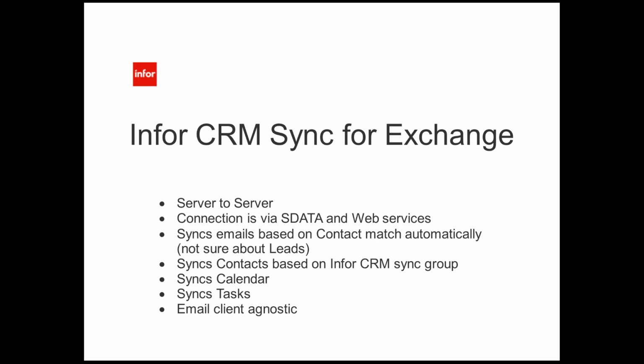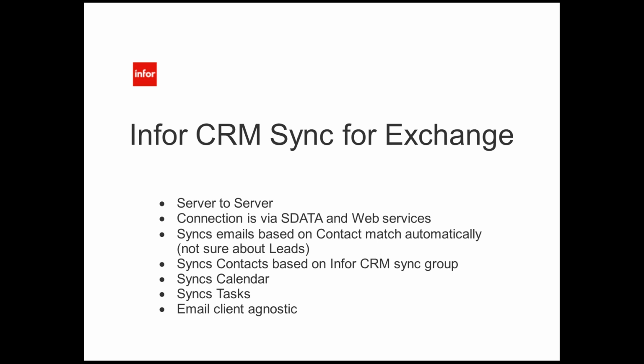And it syncs contacts based on your Infor CRM Sync group. Those of you that are using the desktop integration Outlook Sync today, you know to get contacts to sync, you have to create an ad hoc group, and you tell Infor CRM which ad hoc group you want to synchronize with your Outlook contacts or Exchange contacts. That is also honored through the Sync for Exchange.